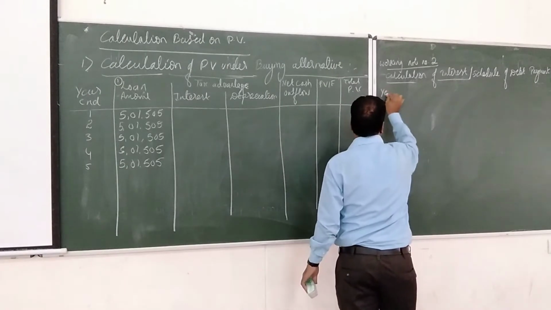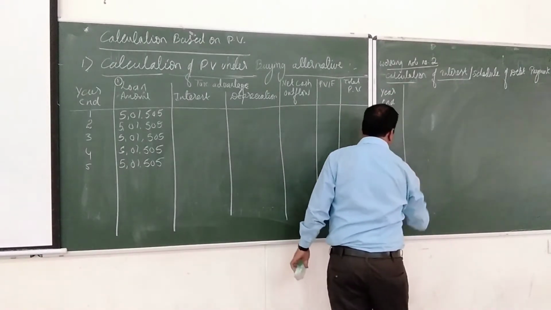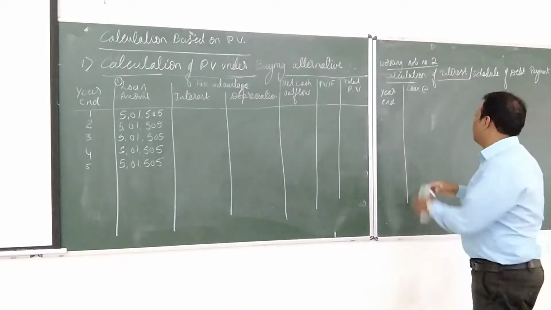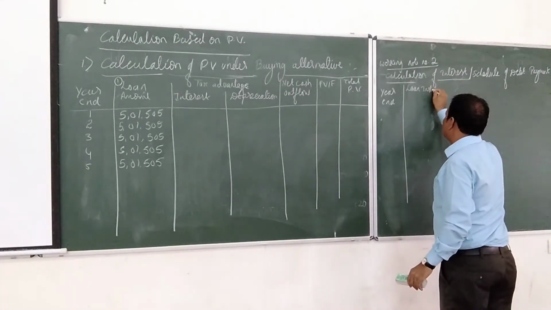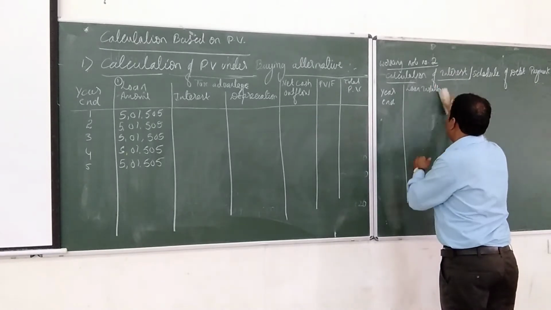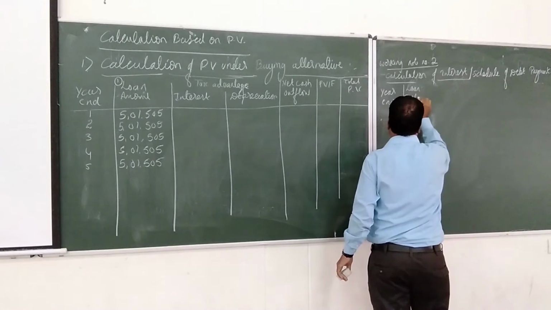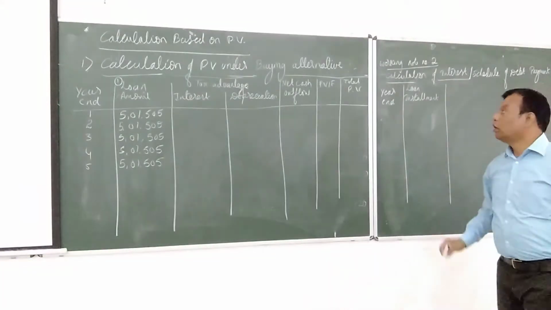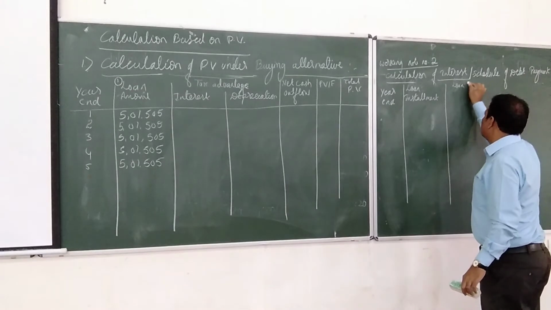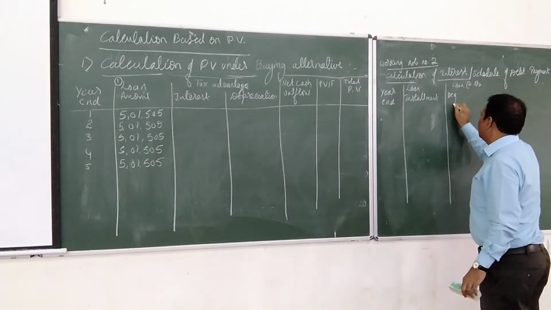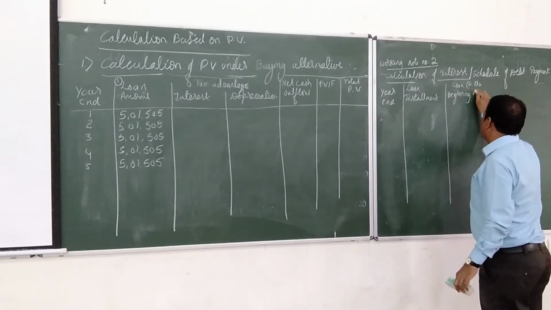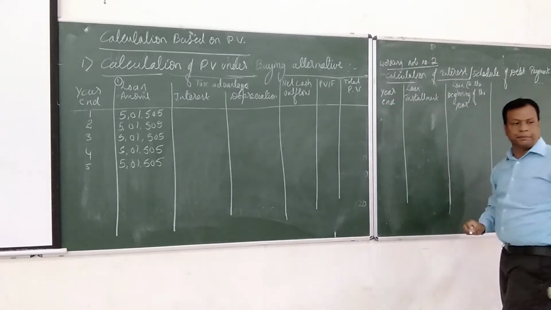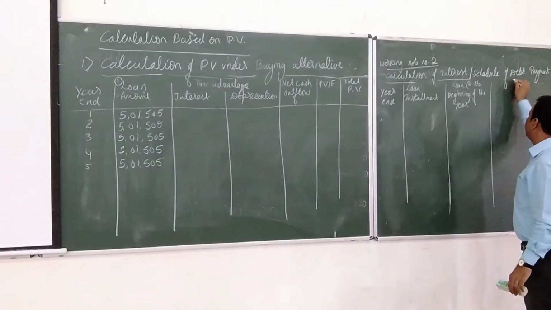Year end, then loan at the beginning of the year, loan installment. Then what payments do we need to make?